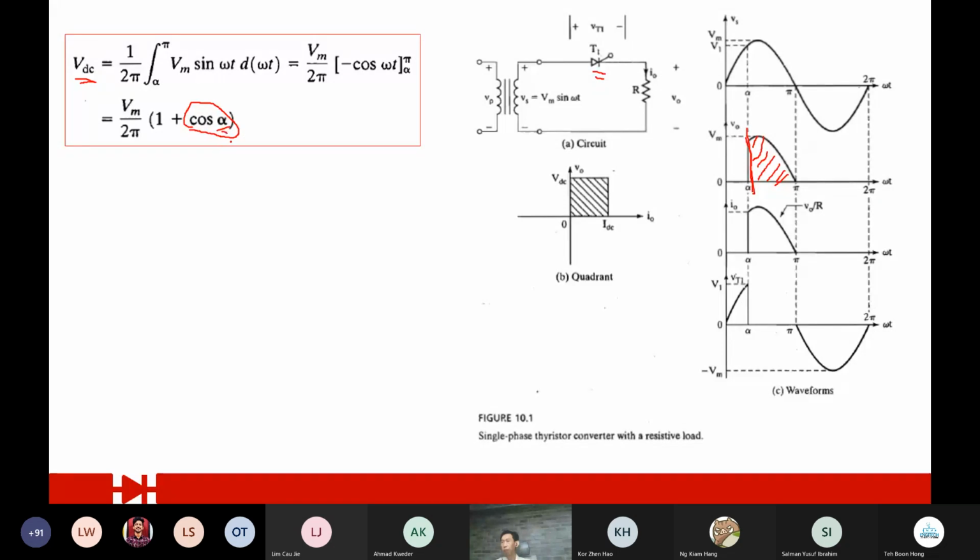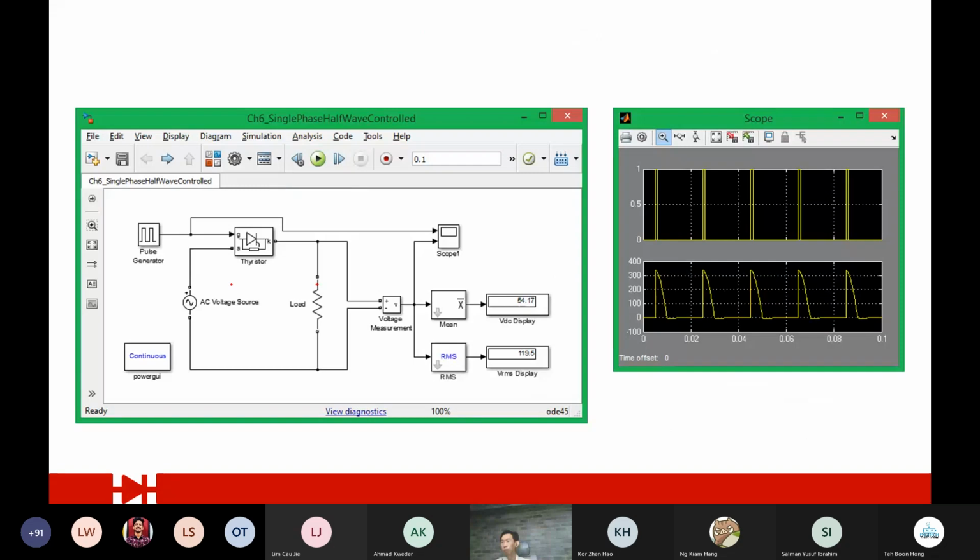So if we look at these simulations again, this will be the output. Instead of showing the whole waveform, you can chop it off, and then you can measure.